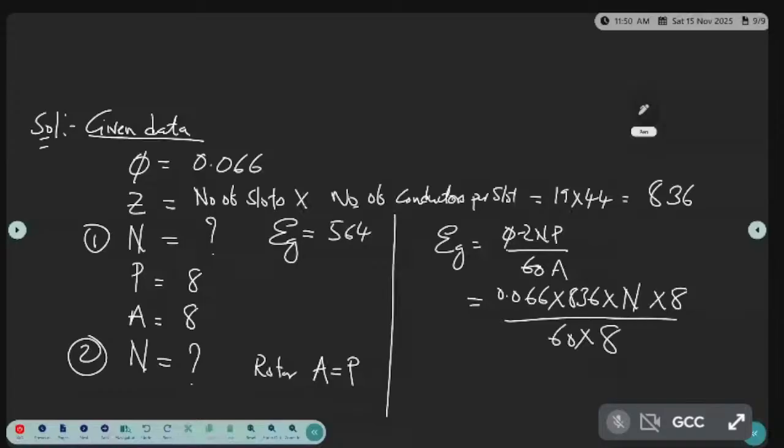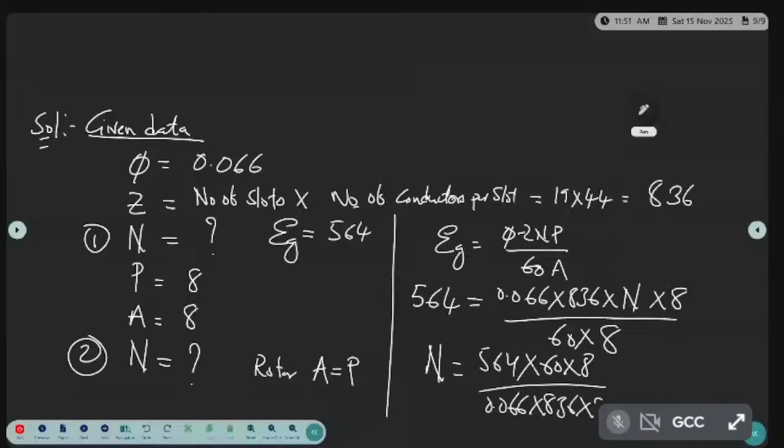So N is equal to 564 into 60 into 8 divided by 0.066 into 836 into 8. The value is 613.3. The speed cannot be a decimal, so we round it to 613 revolutions per minute.